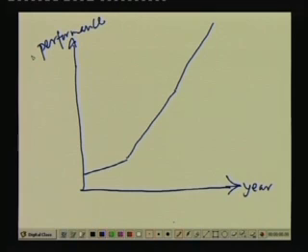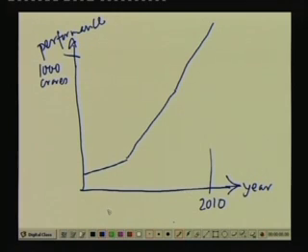Now, you can see here that this graph shows, suppose this is 1000 crores, and this one is 2010. Okay. So, if you see a similar graph, you tend to think that this particular organization is operating around 1000 crores.